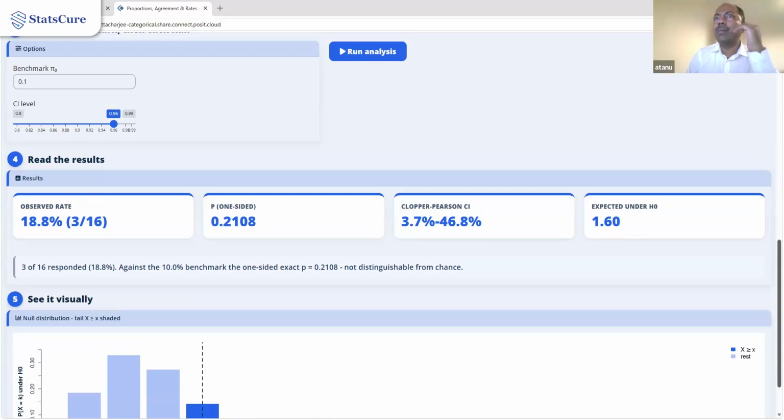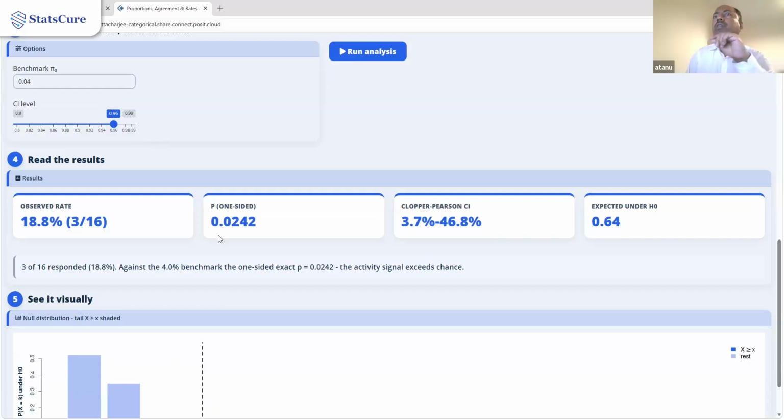Benchmark is an input considered as an arbitrary value, and based upon the benchmark, we are going to get this p-value. So if you decline your benchmark value, your p-value is going to drop down.